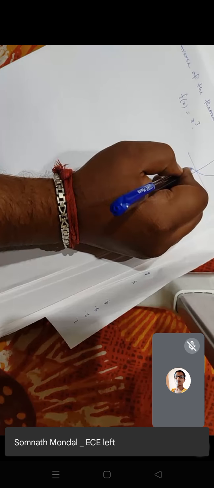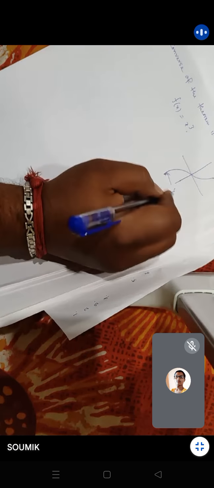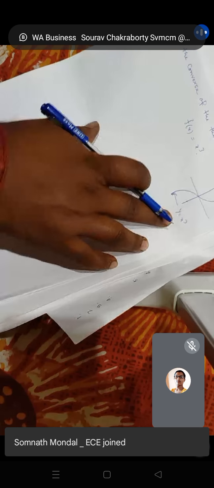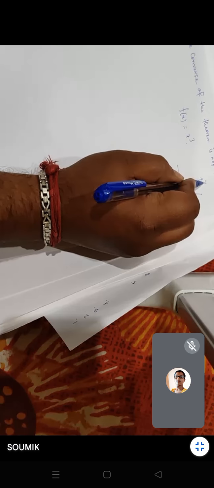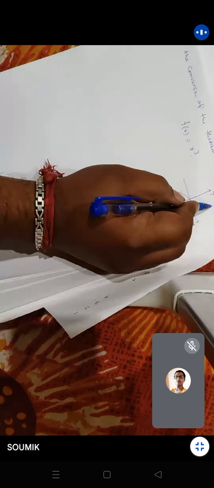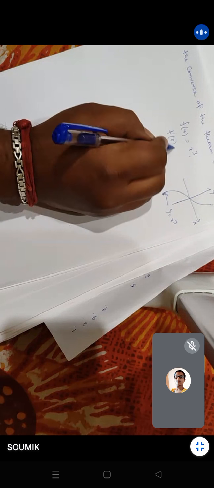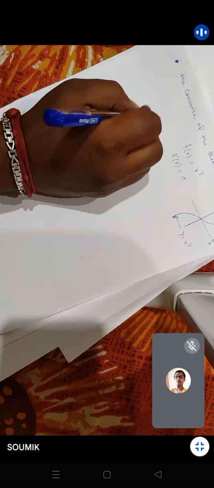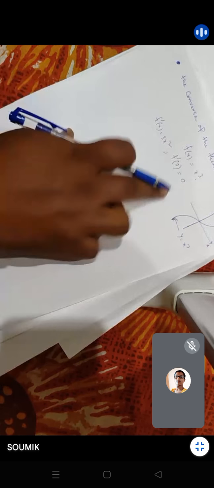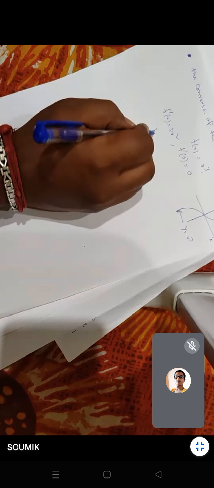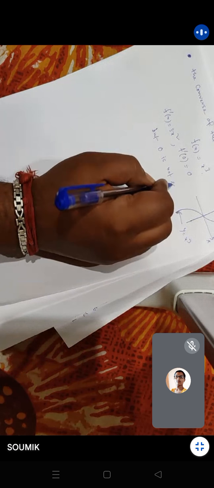This is the x cube function, y equals x cube. So f'(0) is 0 because f'(x) is 3x squared. So f'(0) is 0, but 0 is not an extremum.